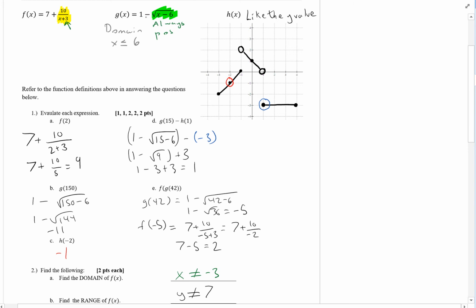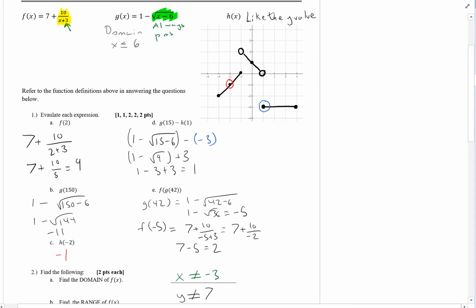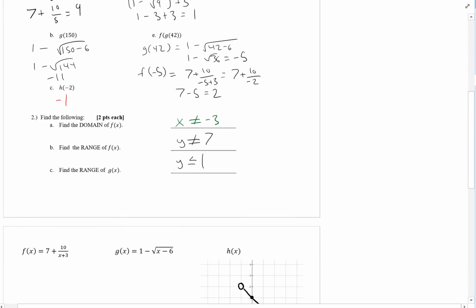It's going to be less than 1, right? 1 minus 10 is less than 1. It can't be higher than 1 because I can't be subtracting a negative from 1. I'm always subtracting a positive from 1. So I could say the range is that the y value of g is always less than or equal to 1, right? It's equal to 1 if the radical gives me 0, but otherwise I'm subtracting a positive, so it has to be less than 1.